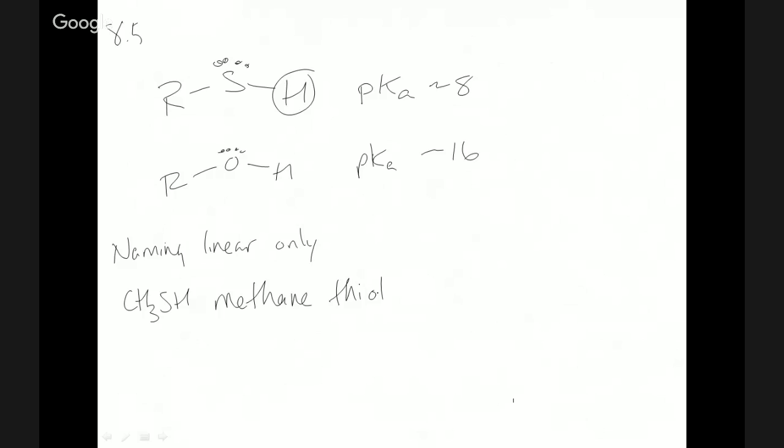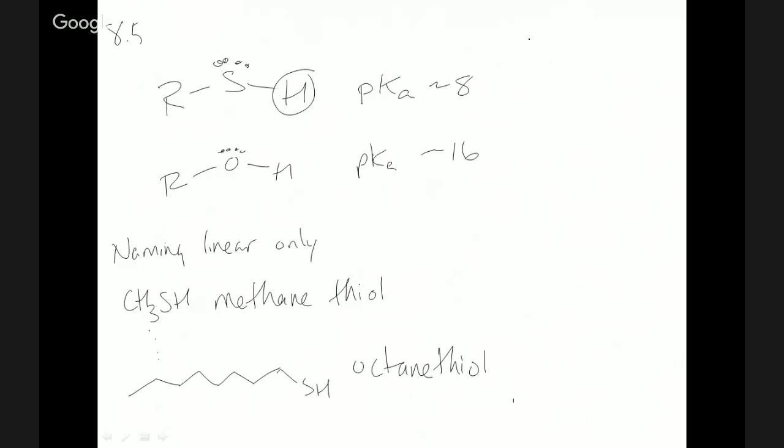It's methane thiol all the way down through 8, as we've been doing. 2, 3, 4, 5, 6, 7, 8 carbons, SH, octane thiol. One word. Octane thiol, okay?